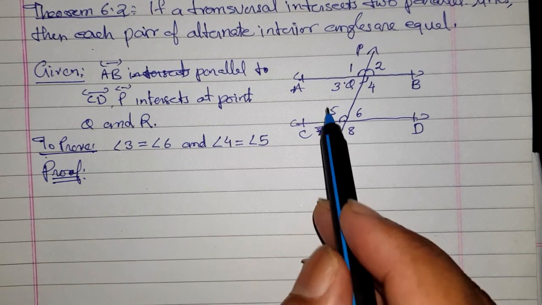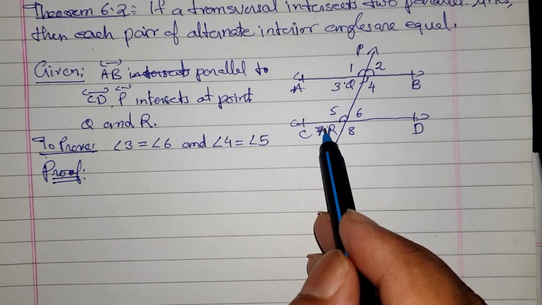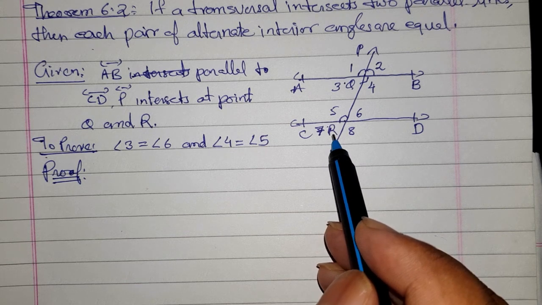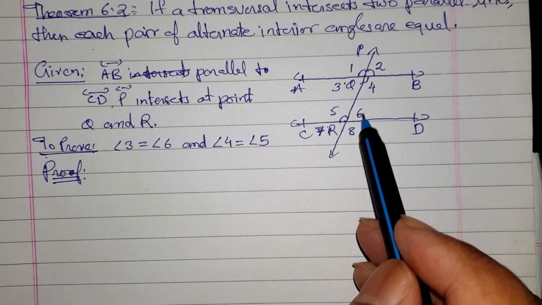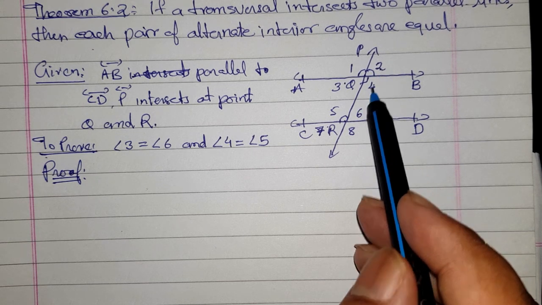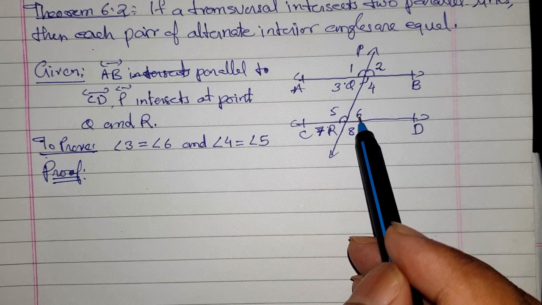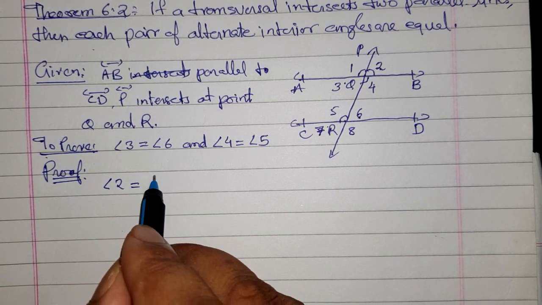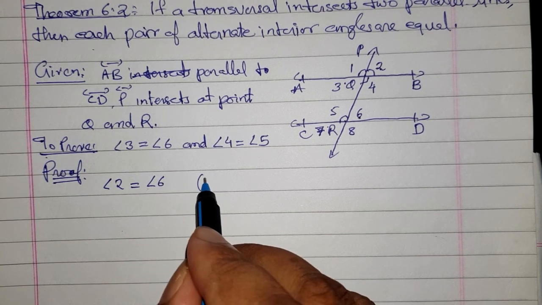Here you see AB is parallel to CD, that is already given, and P is the transversal. So we know that if two lines are parallel, then corresponding angles are equal. So we can take angle 2 is equal to angle 6. They are corresponding angles. So you write here angle 2 is equal to angle 6, since corresponding angles.